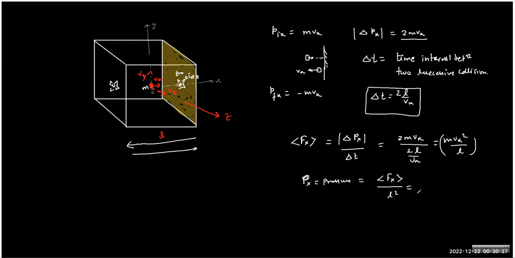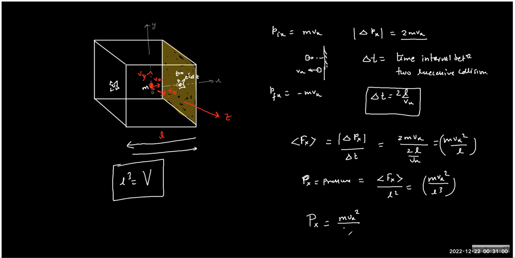Anyway, if you substitute the average force, mVx square by L, the denominator becomes L cube, and L cube is nothing but the volume of this container. So the pressure which the right wall will experience on average is mVx square by V.